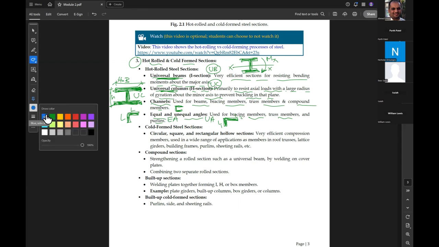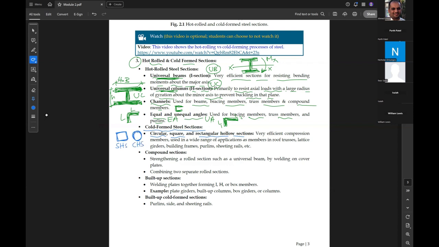This is for the hot rolled section. For the cold formed section, we have circular, square, and rectangular hollow section. So this is a square hollow section. This is circular hollow section, and might be also rectangular, so rectangular hollow section.